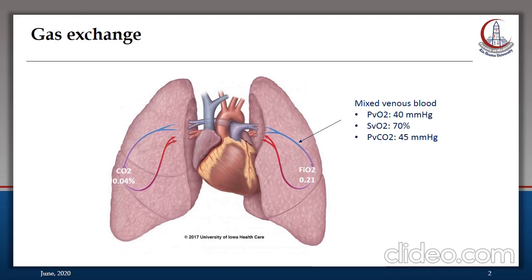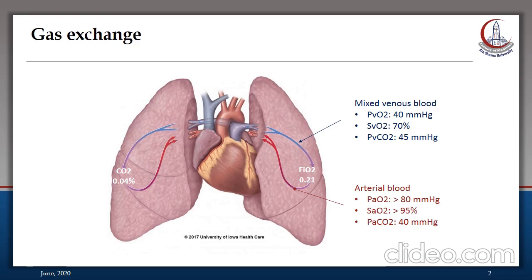The FiO2, or the fraction of inspired oxygen in the alveolar spaces when the patient is breathing room air at sea level, is around 0.21, and there is a negligible amount of carbon dioxide, about 0.04%.